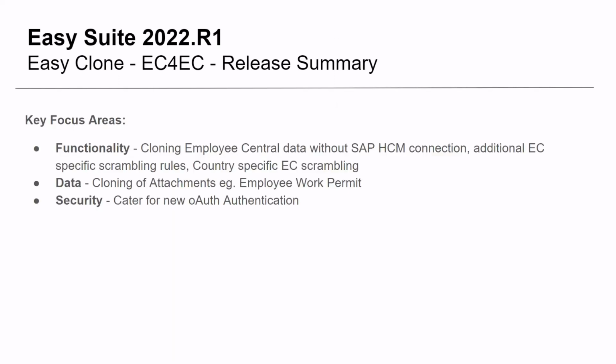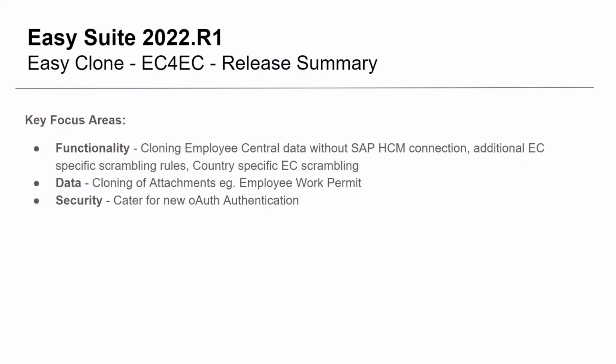As part of the EasySuite 2022 R1 release, we also further enhanced the EasyClone for Employee Central solution. For this, we focused on the following key areas. First is functionality. This covers cloning Employee Central data without SAP HCM connection, additional Employee Central specific scrambling rules, and country-specific Employee Central scrambling.